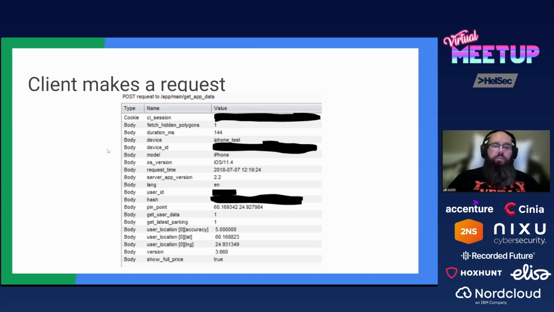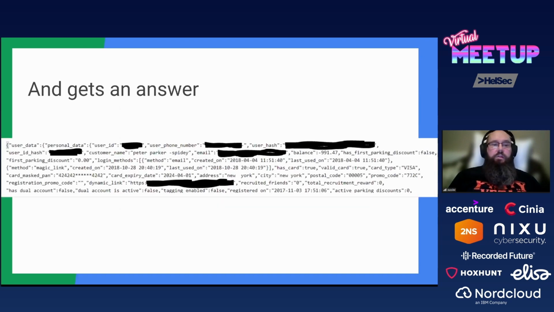So there's a lot more going to the backend, like the accurate location where you are, so that the application knows to fetch correct parking garages, give you information, what prices there are, and so on. And based on this data, we get an answer. So the backend sends stuff back.